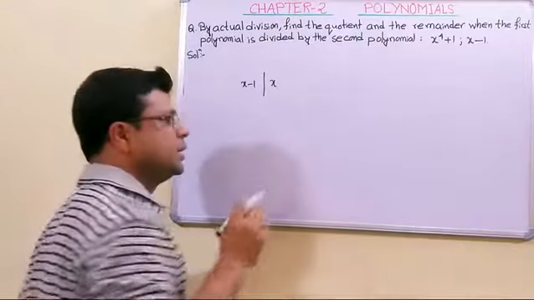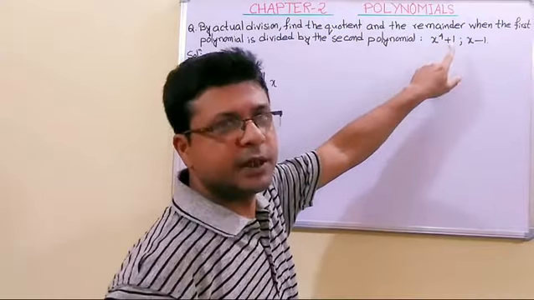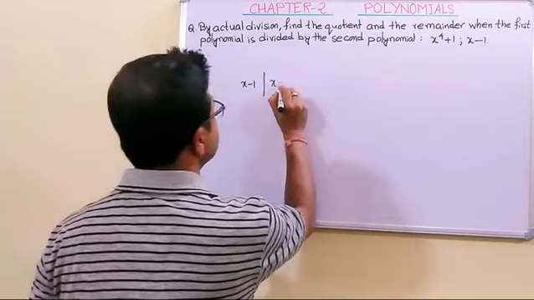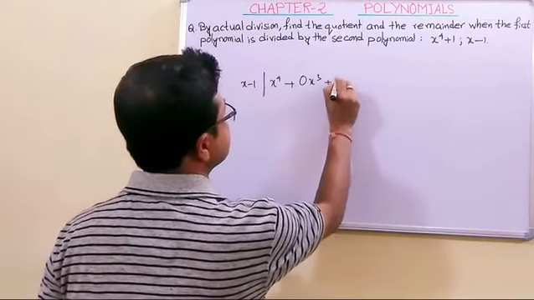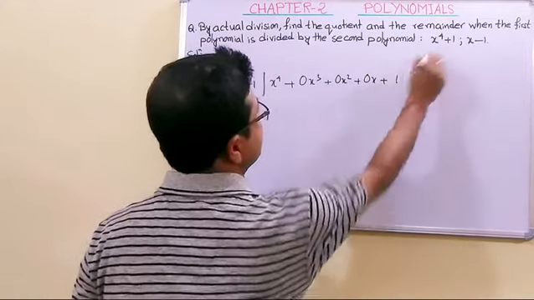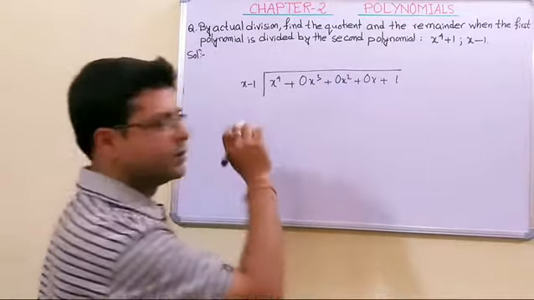Now you see students, the next immediate term is missing. That is term containing x cube, term containing x square, term containing x, all those are missing. So for our convenience, let us express like this: 0 x cube, 0 into x square, 0 into x plus that 1. If you divide in this way, you will be never confused.